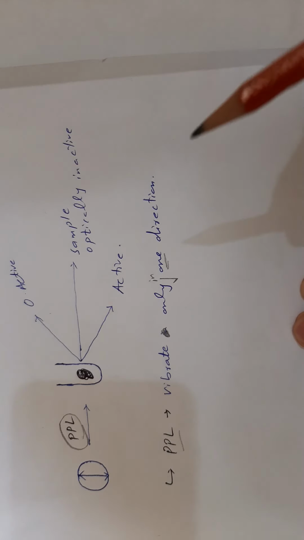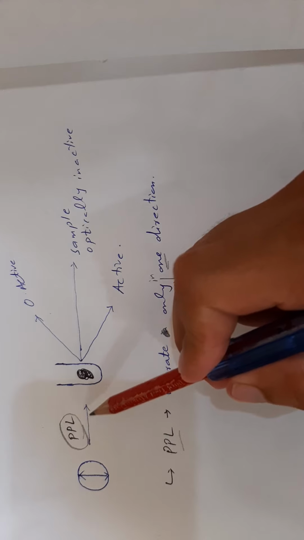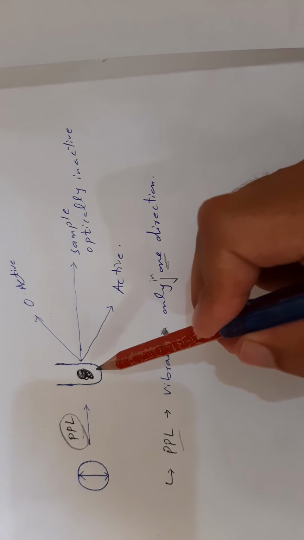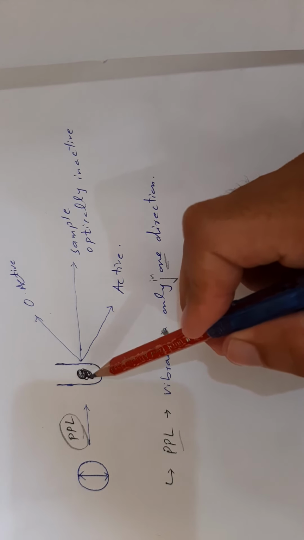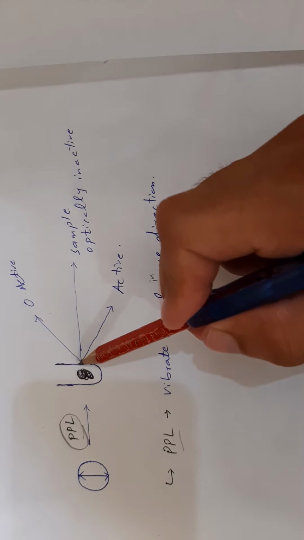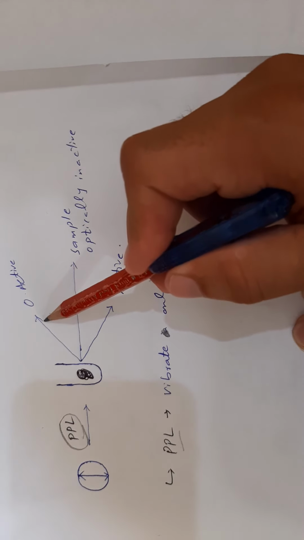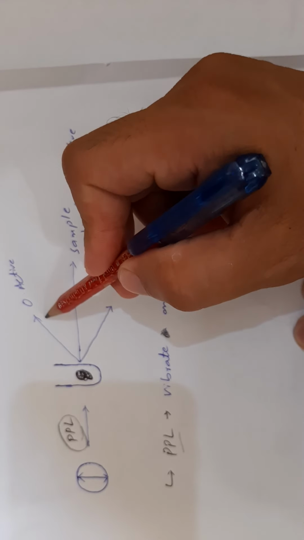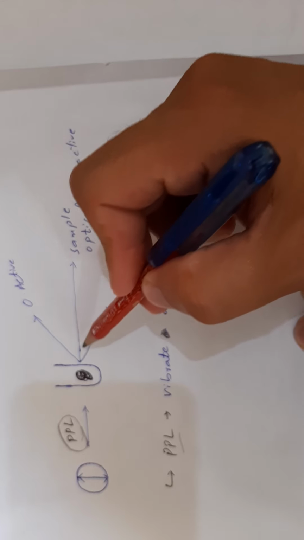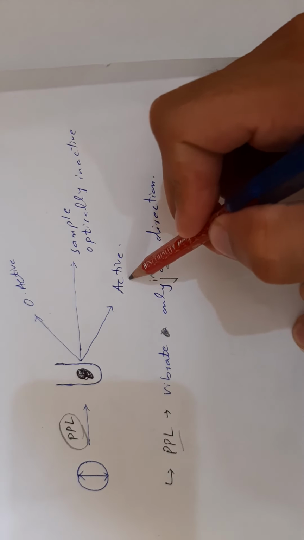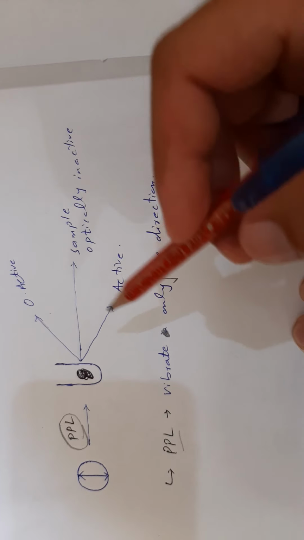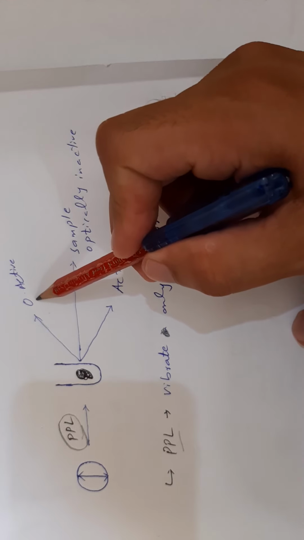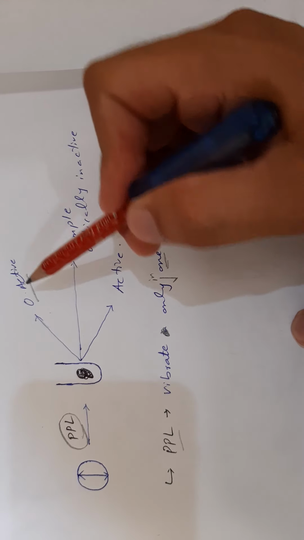one direction. If a plane polarized light is passed through a sample of molecules such as glucose, cellulose, etc., if the sample rotates plane polarized light to the right side, that is clockwise, or left side, that is anti-clockwise, such a sample of molecule is called optically active.